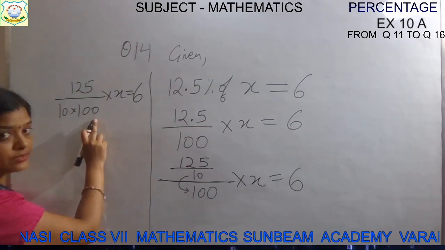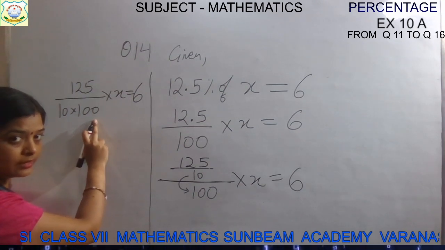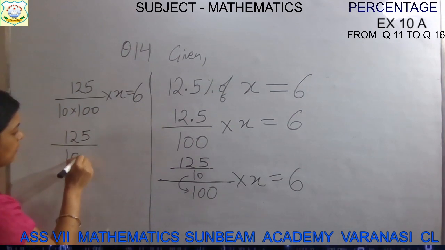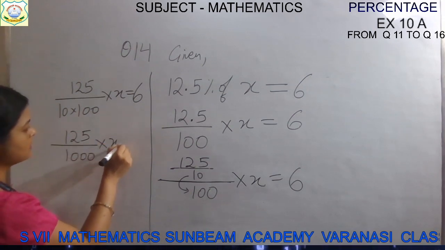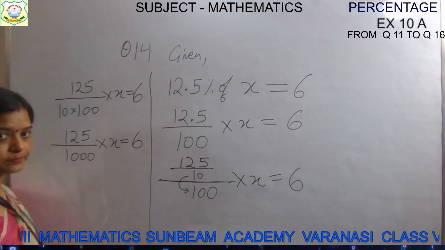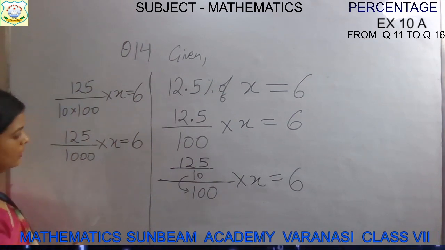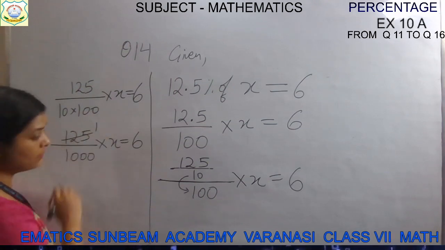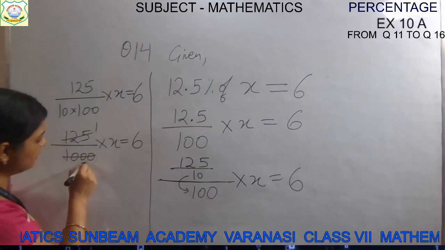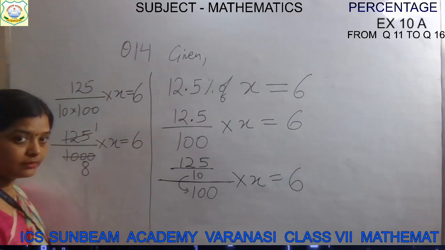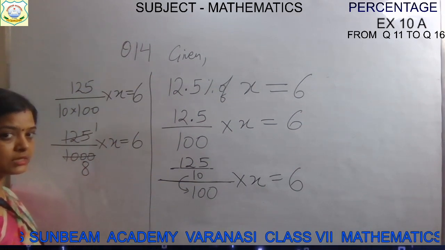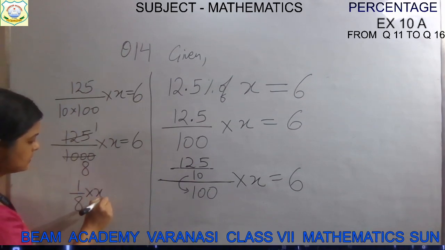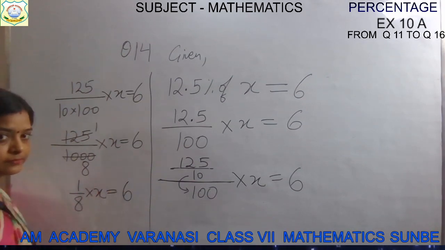It is 1000, children. 10 into 100 is 1000. So 125 divided by 1000 into x is equal to 6. Now can we simplify it? Yes. 125 ones are 125, and 125 8 times is 1000. So it is 1 by 8 into x is equal to 6.